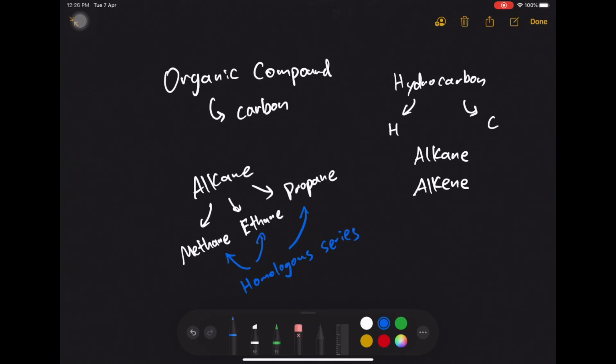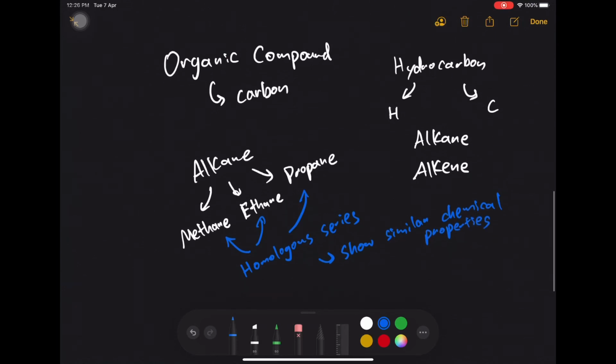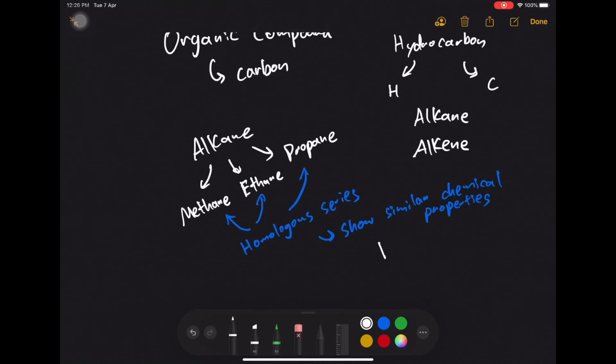And what is a functional group? They show similar chemical properties because of the same functional group.